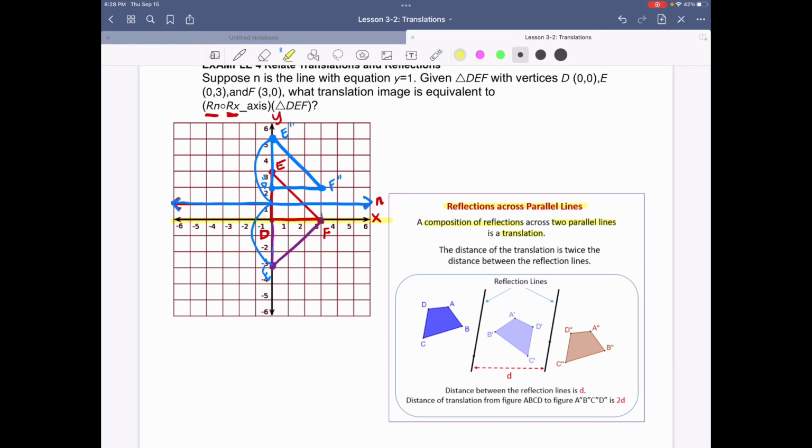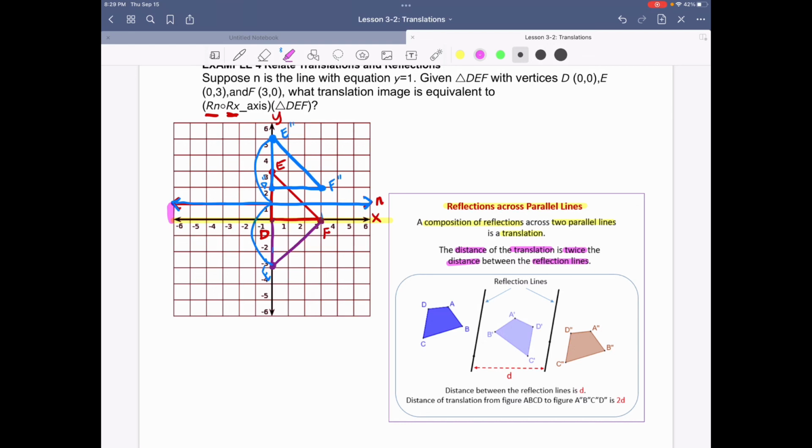The distance of the translation is twice the distance between the reflection lines. Oh, okay, so if I look at this distance between these 2 lines, it's a distance of 1, and I moved the triangle up 2 spaces. So that's kind of interesting. The distance of the translation is twice the distance between the reflection lines.